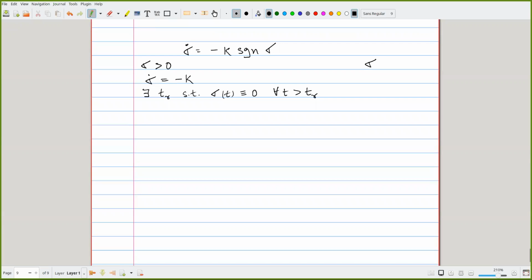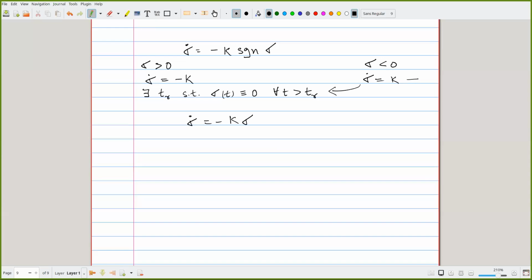Similarly, for sigma less than 0 also, sigma dot is equal to k, and sigma is less than 0. We can integrate this simple equation again, and again we will find a time tr for which sigma becomes 0 in finite time. And this does not happen when you have equations like sigma dot is equal to minus k sigma.